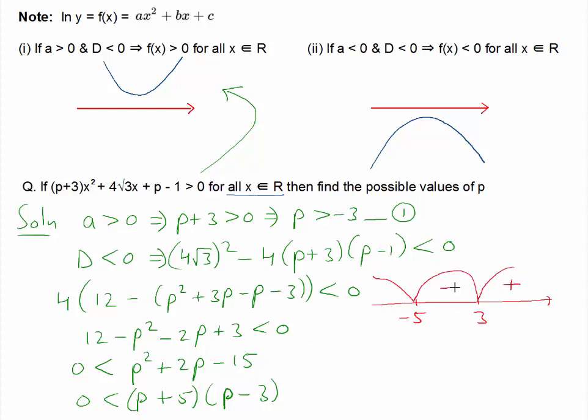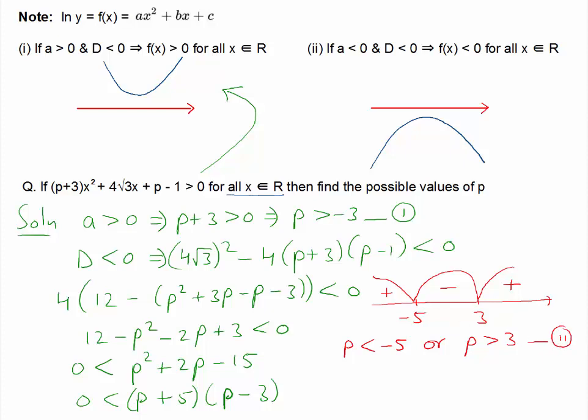So this would be positive, this is negative, and this is positive. We want this to be greater than 0, so we want the positive part of this. So p would be either less than minus 5 or p would be greater than 3. So this is the second part.